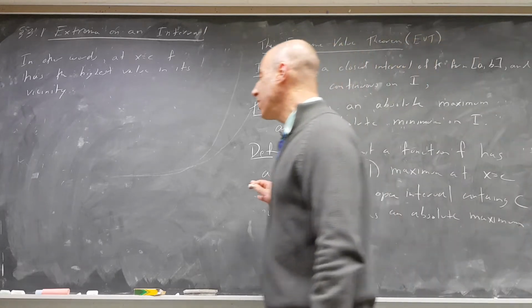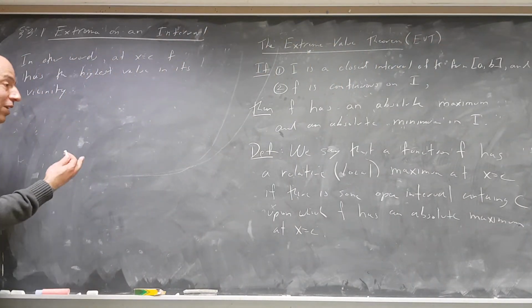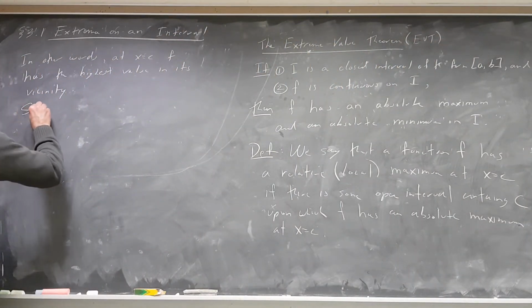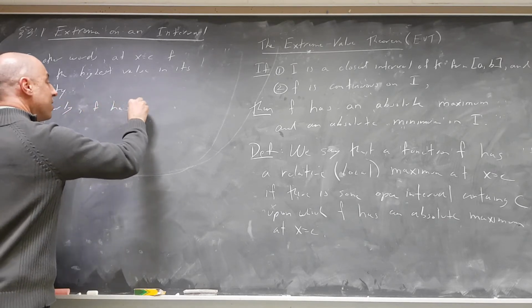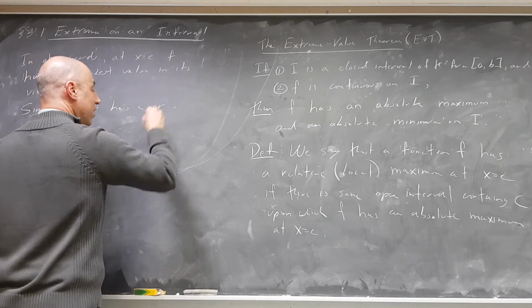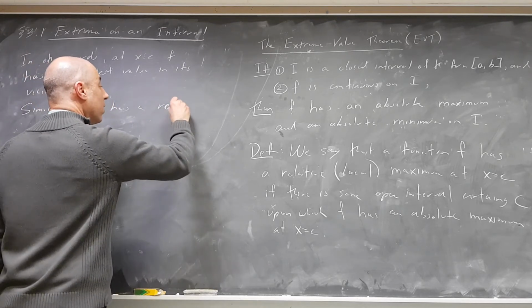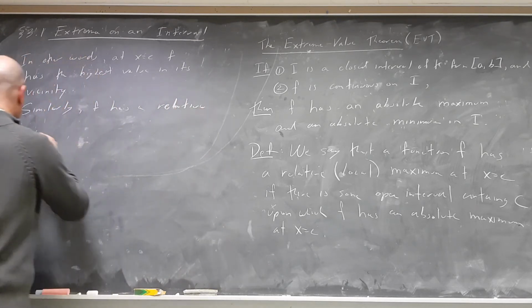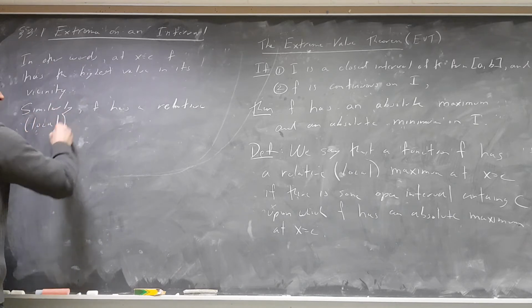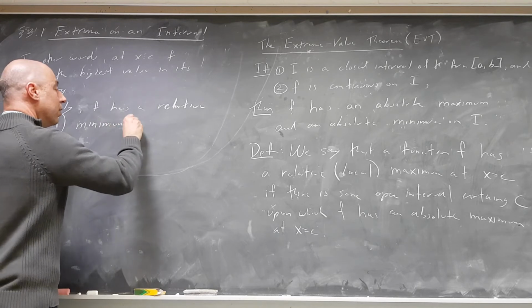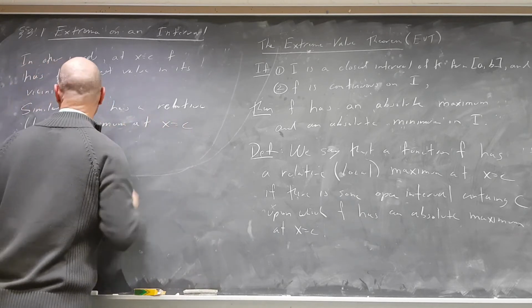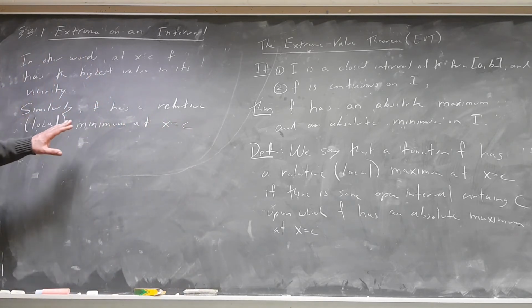So similarly, we can define a local or relative minimum. f has a relative, or local, those are synonyms for each other, minimum at x equals c if at x equals c we're at the lowest value in the vicinity.